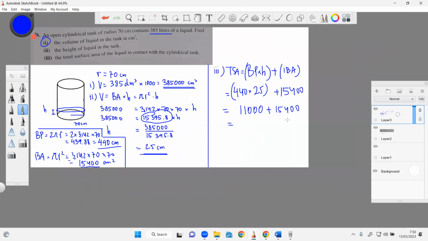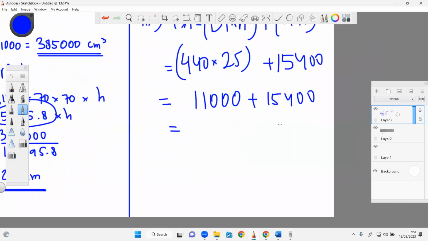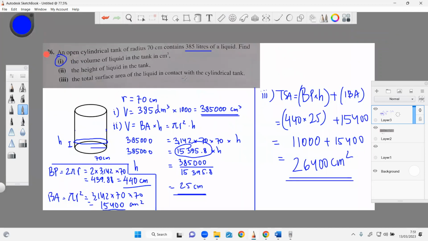Oh, no, nothing wrong. The base area is big, so no problem. 26,400 centimeter squared. I hope this is right. Because we don't have a unit requirement, you don't have to change anything to meter squared and so on.